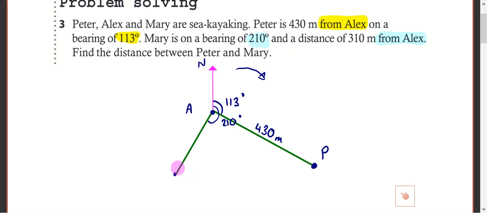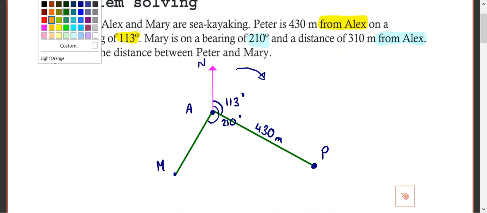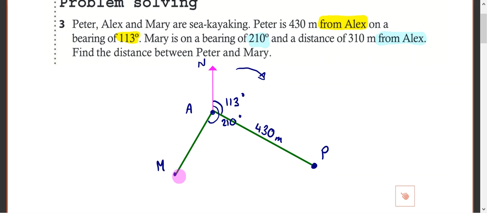This would be Mary. And then the final question is, find the distance between Peter and Mary. So we don't need a bearing, which would be another question, but we do need a distance. So I know that that is 310 meters.